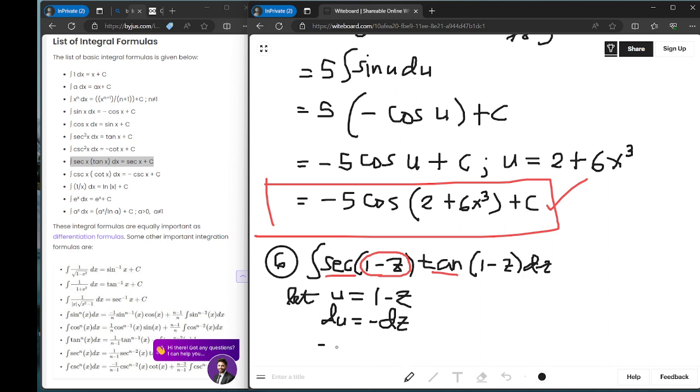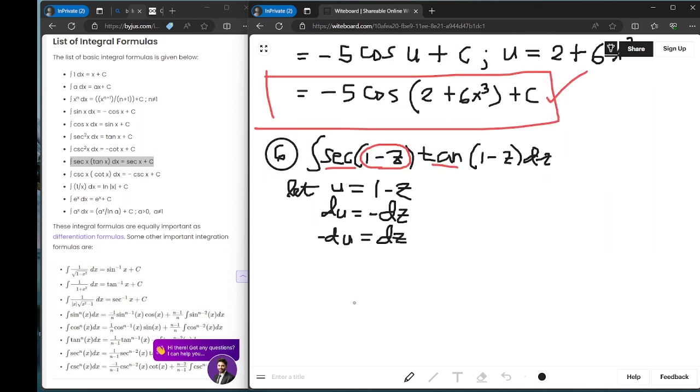So this will become negative du is equal to dz, which means if we now substitute u, that's secant of u times tangent of u times negative du.